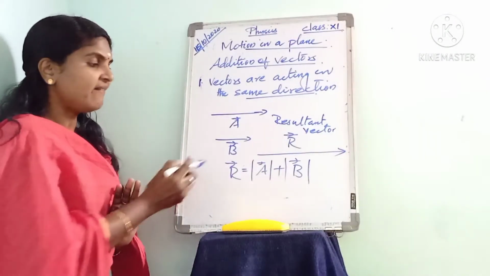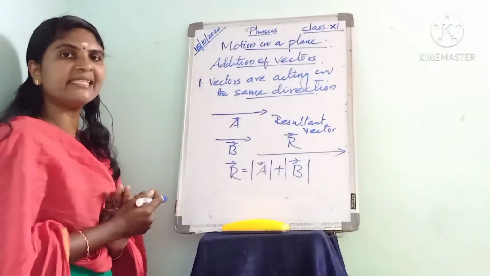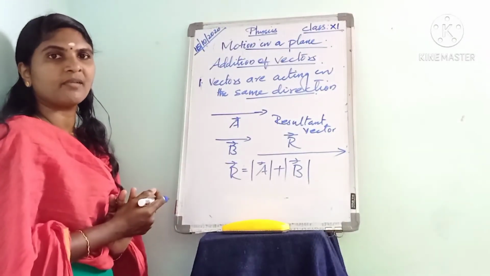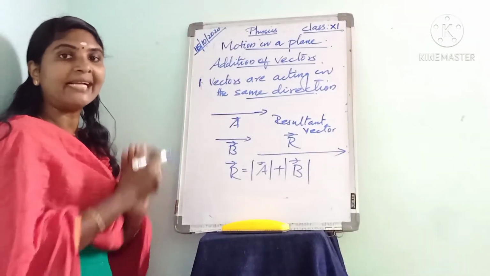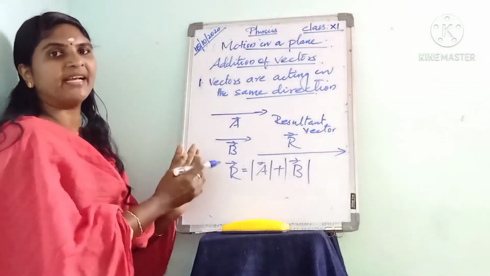So we can say that when the two vectors are acting in the same direction, we can add them by adding their magnitudes.